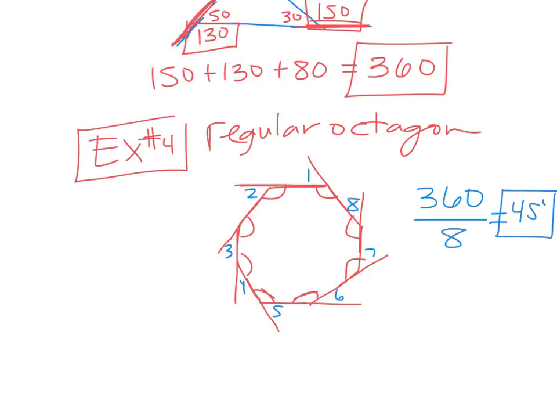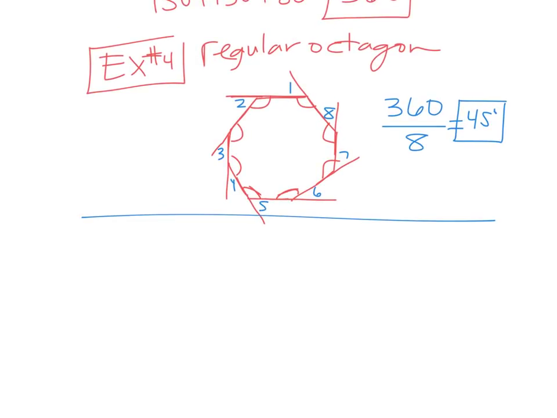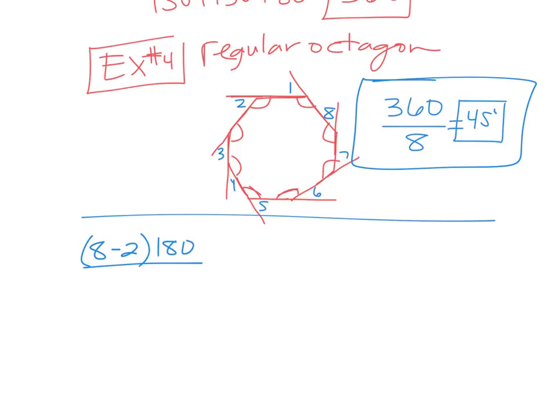Now, if you forget that, that's okay, because you know another way to get there. So this is round 2 here. You don't need to do this. This is if you don't remember to do this, okay? You could do 8 minus 2 times 180 divided by 8 will give you one interior angle. Okay, so if you do that, 6 times 180 divided by 8, you get 135. So that would be like this angle here, right, is 135.